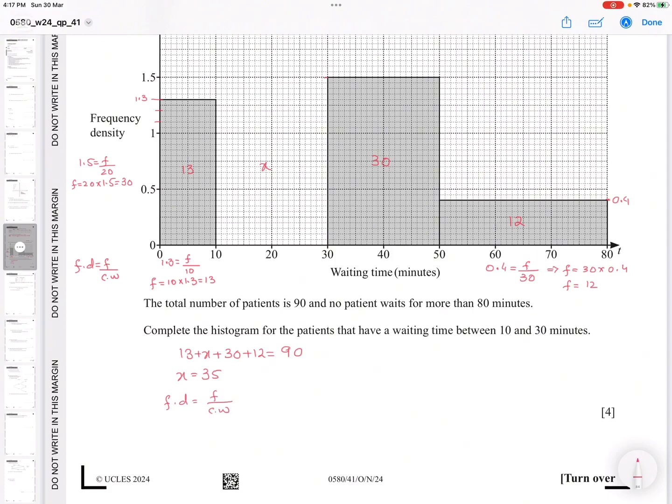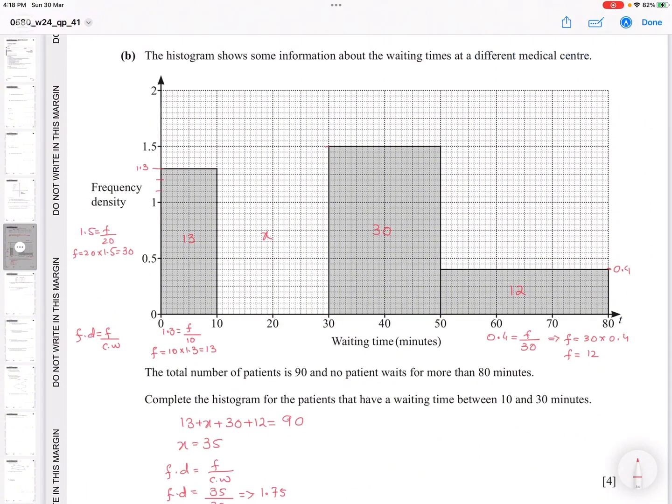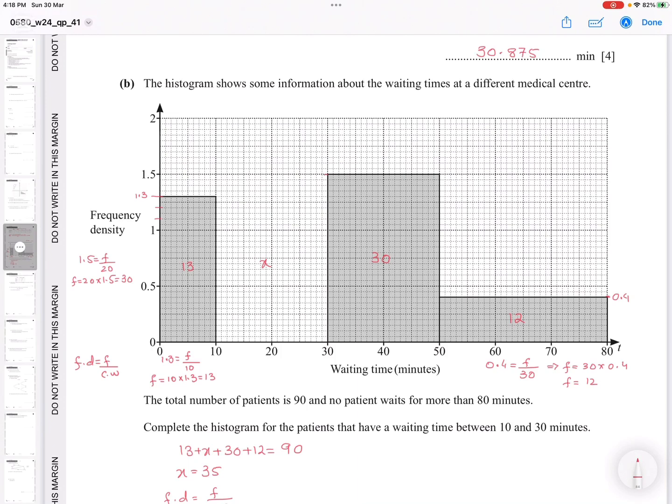Your frequency is 35 and, from 10 to 30, your class width is 20. So 35 divided by 20 is 1.75. Now mark this on the graph.